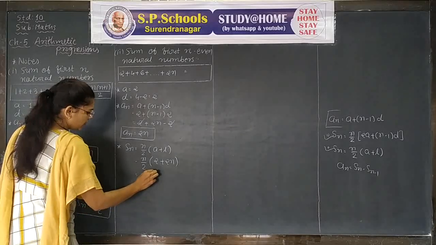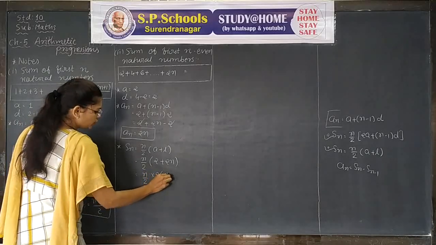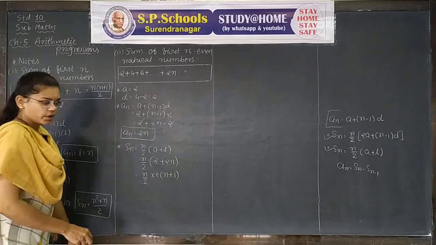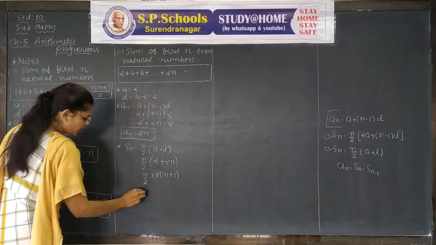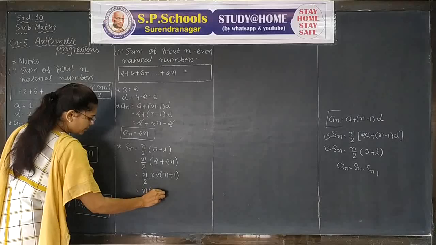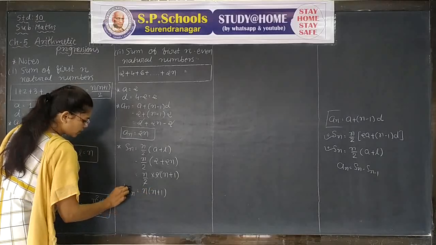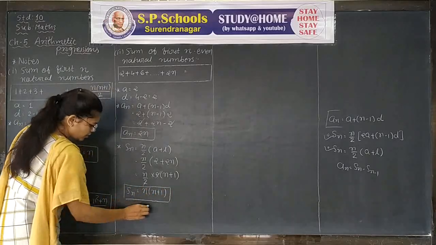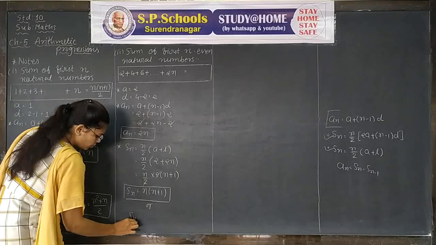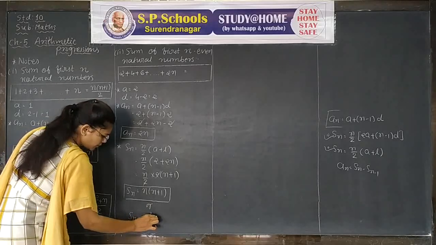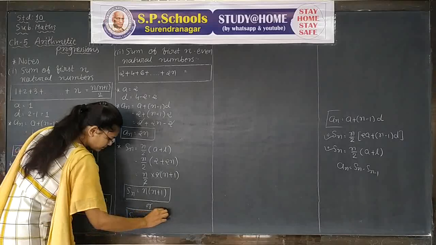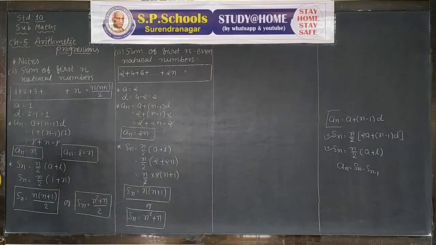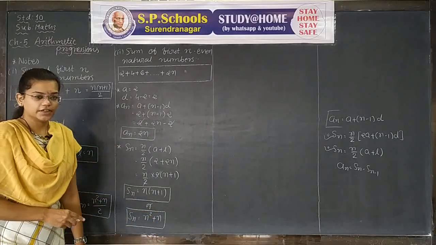N upon 2, now 2 is common, remaining into bracket n plus 1 or 1 plus n. Now 2 cut and we get n into bracket n plus 1. It is the sum of first n even natural numbers, or you can also keep in mind n square plus n.